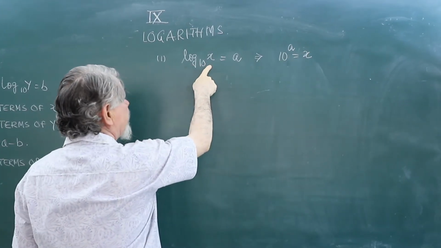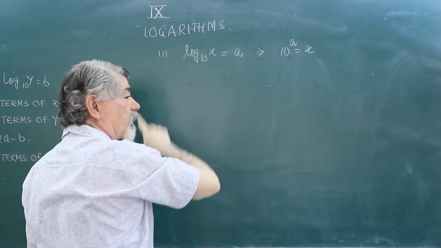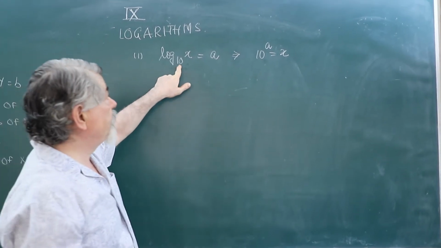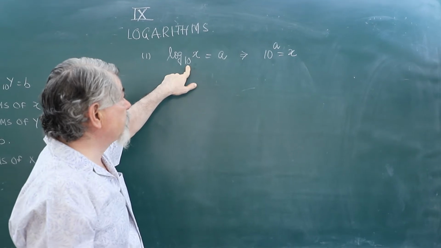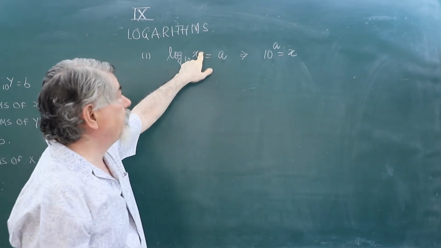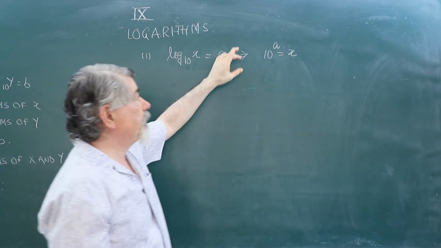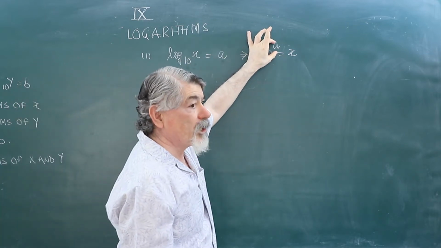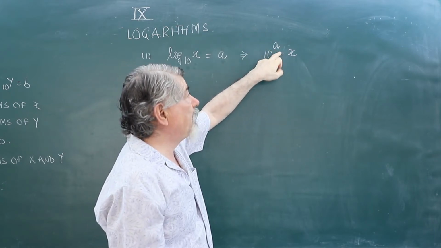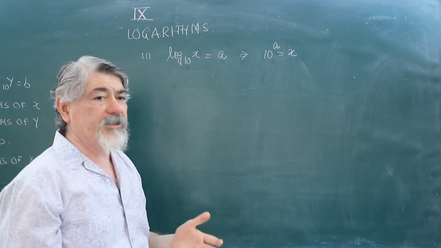We take the base 10 and raise it to the power a, because we told you that the logarithm is the power, or the exponent is the log.